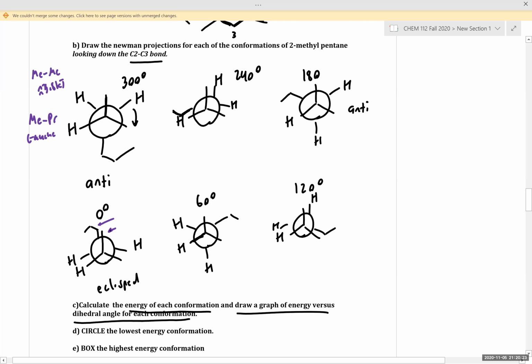I always like to start drawing the anti-conformation first because it makes it easier to visualize. The anti and eclipsed conformations are often most important for our Newman projection plots. But to be entirely correct, you have to start with 0 degrees between your bulkiest substituents.